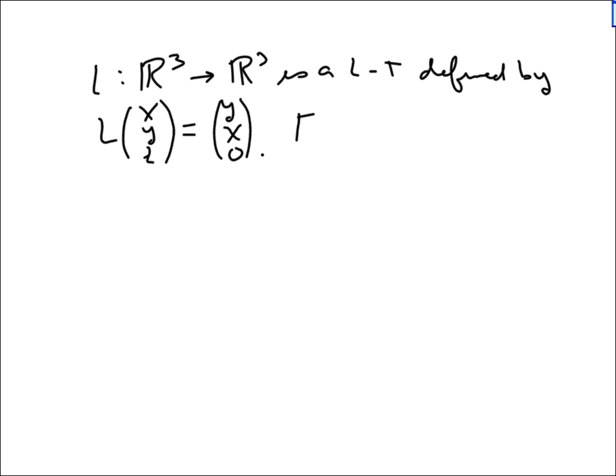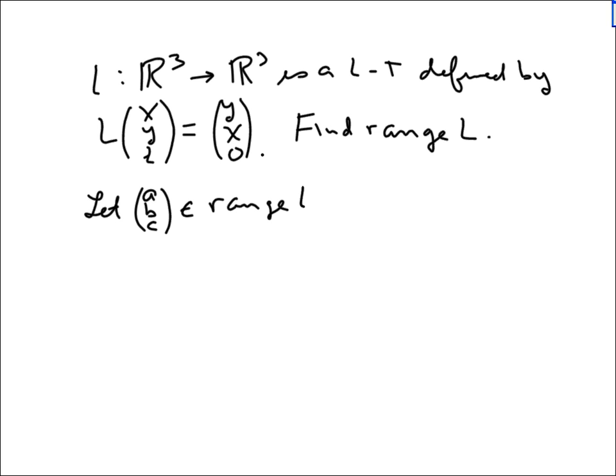So we want to find the range of L. So let A, B, C be in the range of L. What could you take L of to get A, B, C?